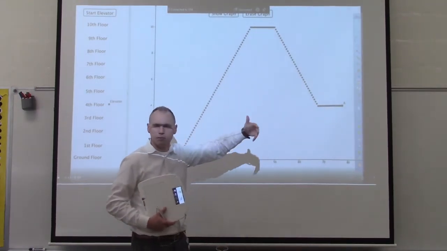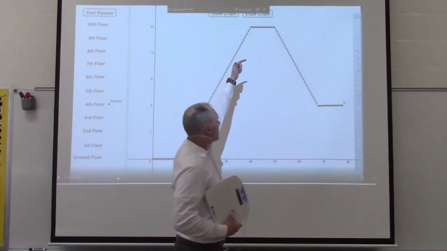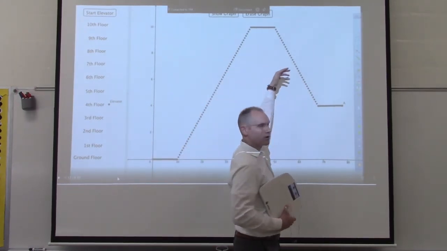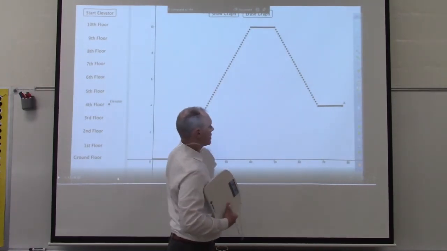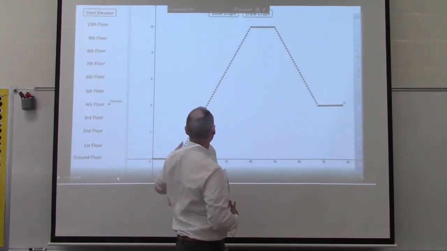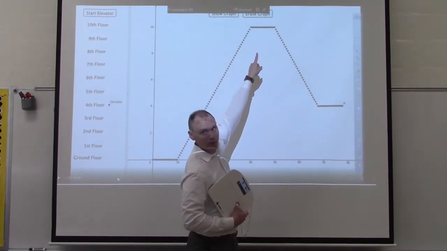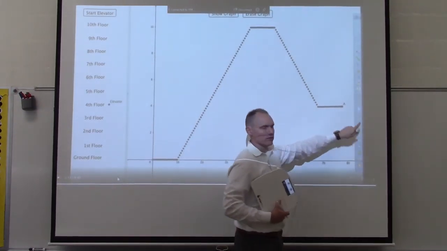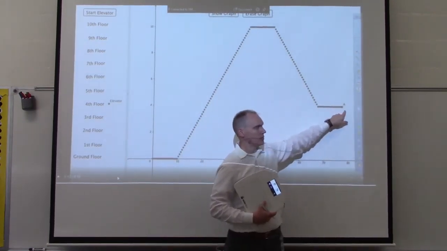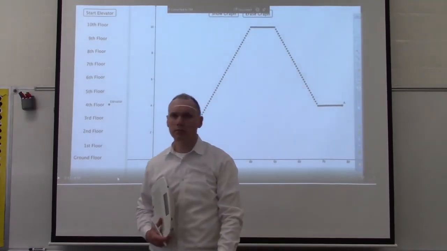It stays there for a moment, maybe somebody gets on, and then its height decreases because we're going down to the 4th floor. But again, with respect to time, it's spread out in this way. So we have increasing, and then it hits the maximum. Remember that word maximum at the top there. Then it decreases at a constant rate, and then it levels off, and it has a rate of 0 there.